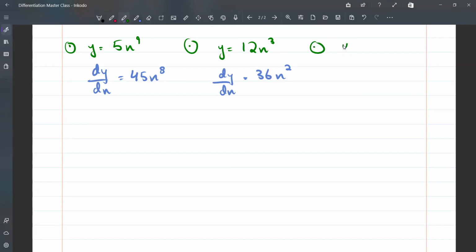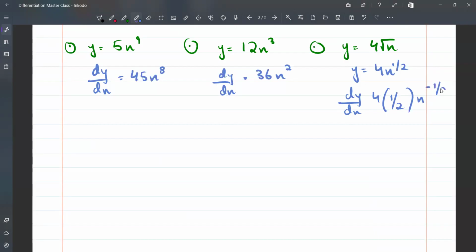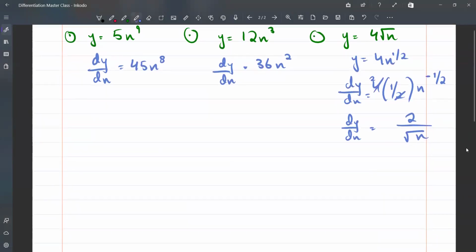Similarly, y is equal to 4 under root of x. We can write this as y is equal to 4x power 1 upon 2. So dy over dx would be 4 into half x power 1 upon 2 minus 1, which gives us minus 1 upon 2. If we simplify this, we get dy over dx is 2 upon under root of x. So this was model 2 for you.